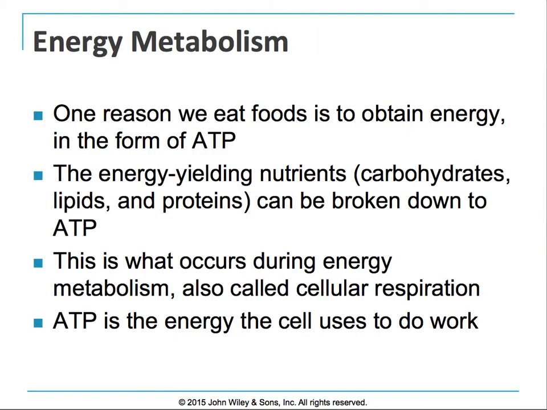So energy metabolism. One reason we eat foods is to obtain energy in the form of ATP. The energy yielding nutrients, carbohydrates, lipids, and protein, can be broken down to create ATP. This is what occurs during energy metabolism, also called cellular respiration. ATP is the energy the cell uses to do work.